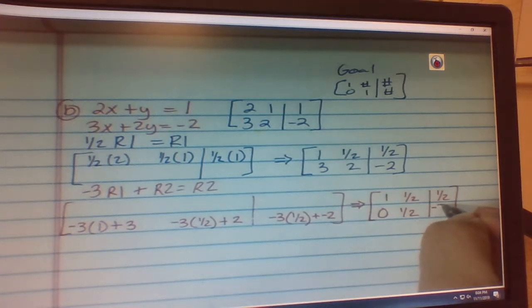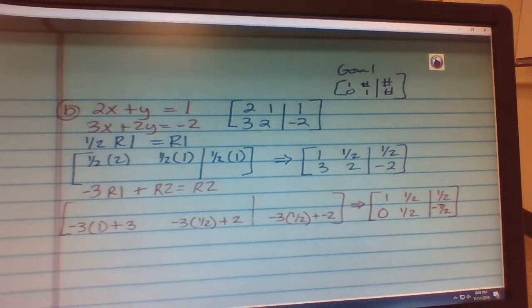-3.5. You do that, enter. -7/2. Just change it to a fraction, because when we have to multiply by a reciprocal, it's easier to do that. I'm not getting how you got -7/2.